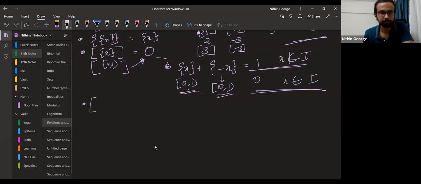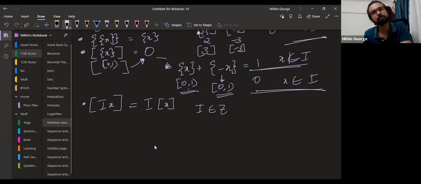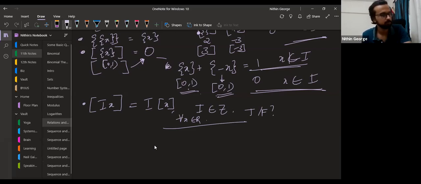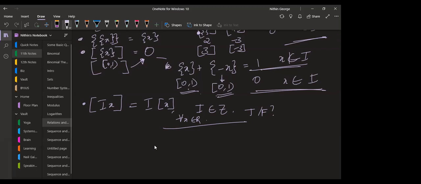Suppose I is an integer. Tell me if this is true or false. False, sir.